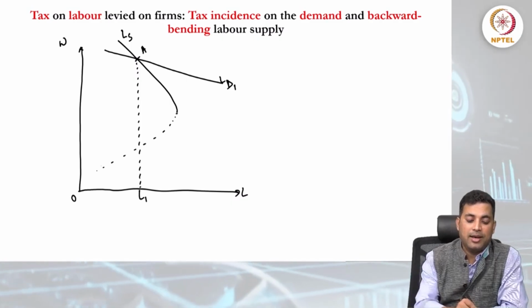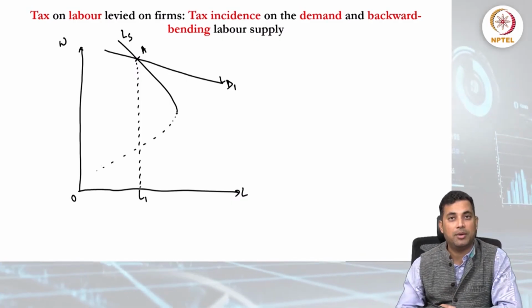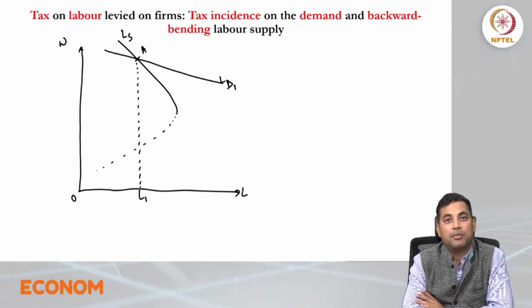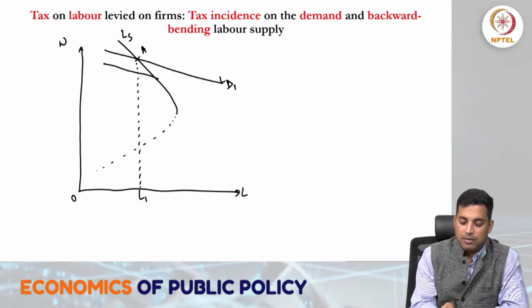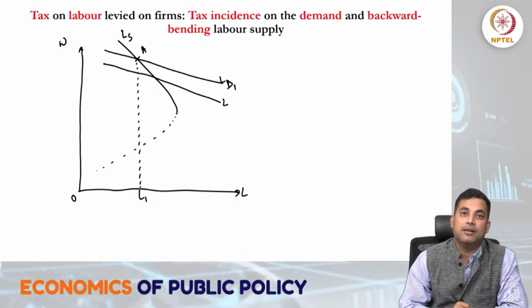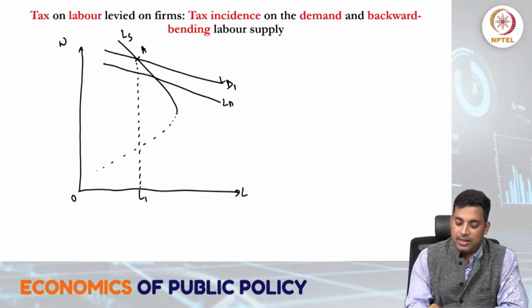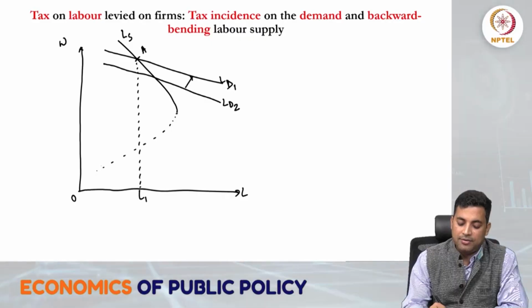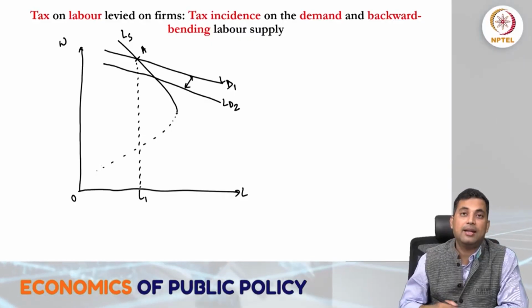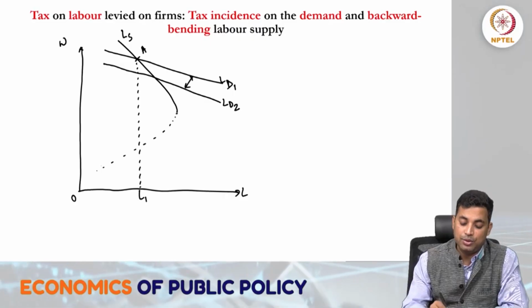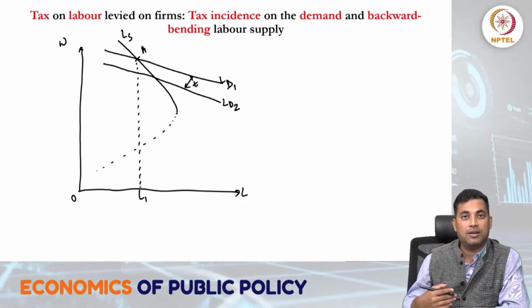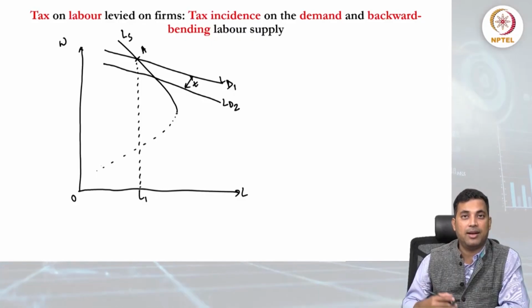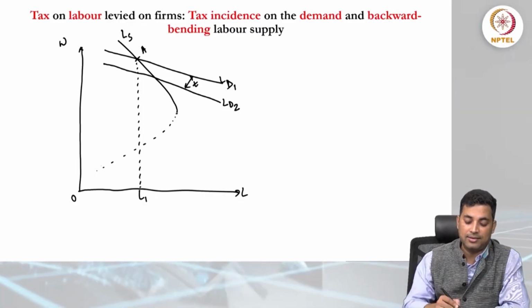Now the case is that a tax is imposed on the labor, and therefore the labor demand curve will go downward, as we know. So we get a new labor demand curve, which is LD2, and this difference between LD1 and LD2 is due to the tax, and the shift of the labor demand will be the exact amount of the tax.